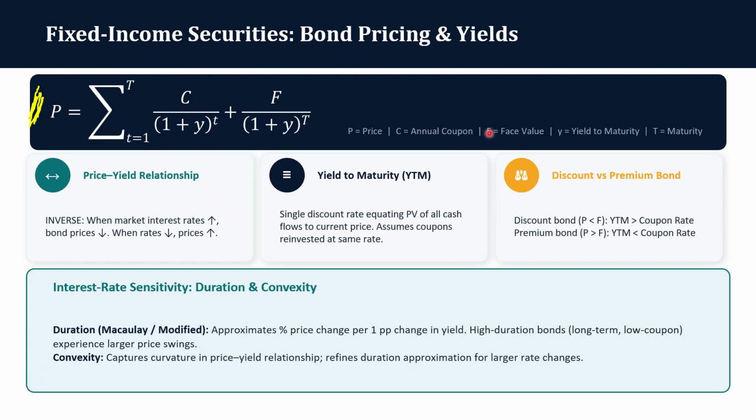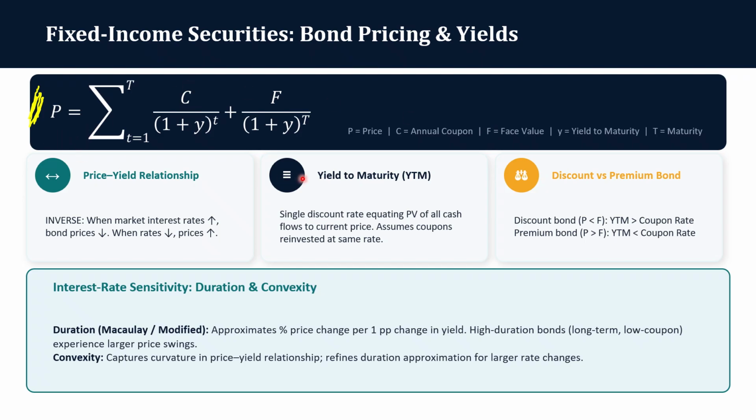In simple words, we discount every future payment back to today using a discount rate Y, that is the bond's yield, and then add them up. The total gives us the bond's theoretical fair price, P.